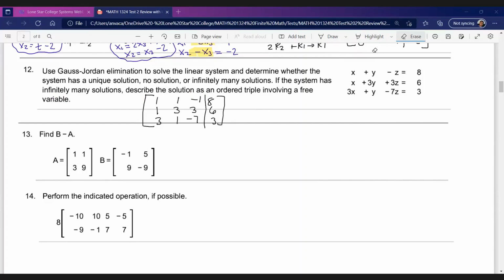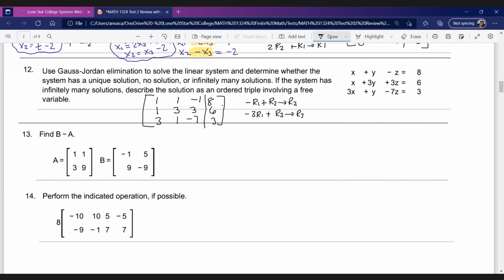All right, in number 12, it says use Gauss-Jordan elimination to solve the following system and then determine whether it has a unique solution, no solution, or infinitely many solutions. So here's the augmented matrix, and after performing the following row operations, negative row 1 plus row 2, that's our new row 2, negative 3 times row 1 plus row 3, that's our new row 3.